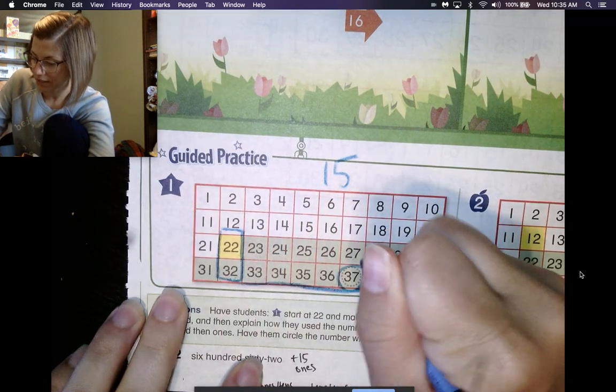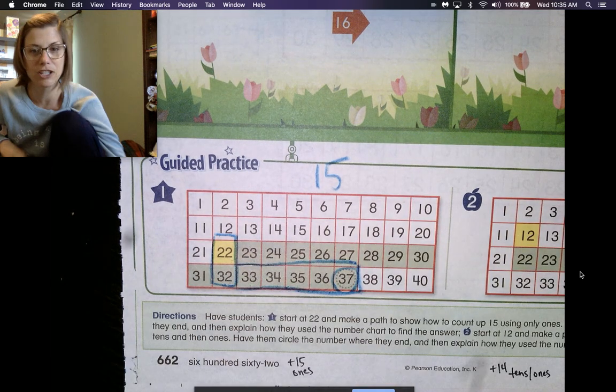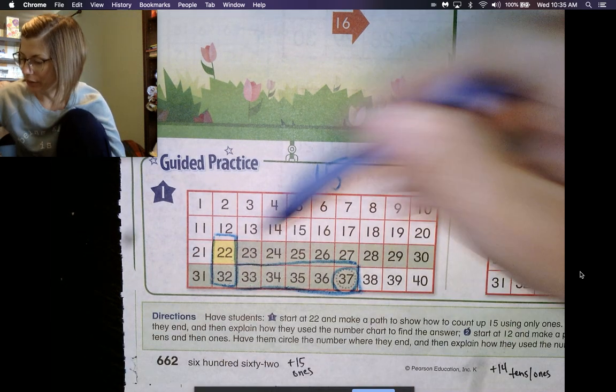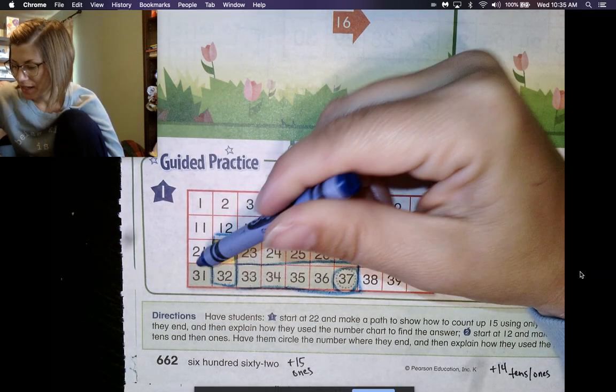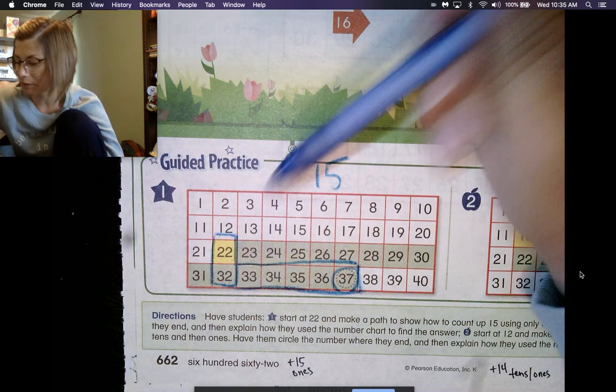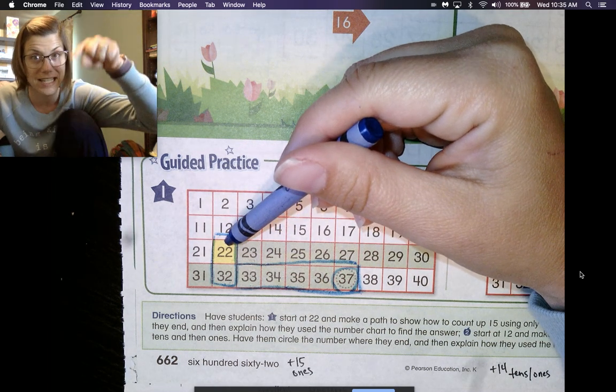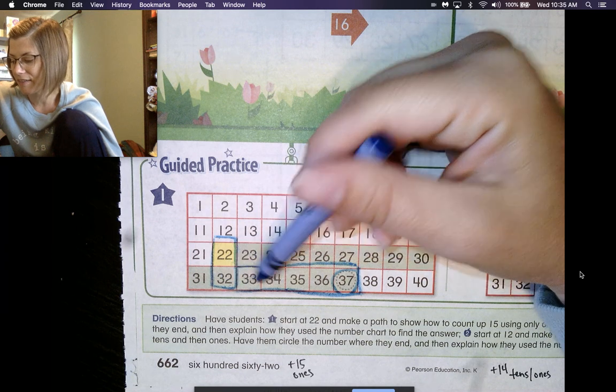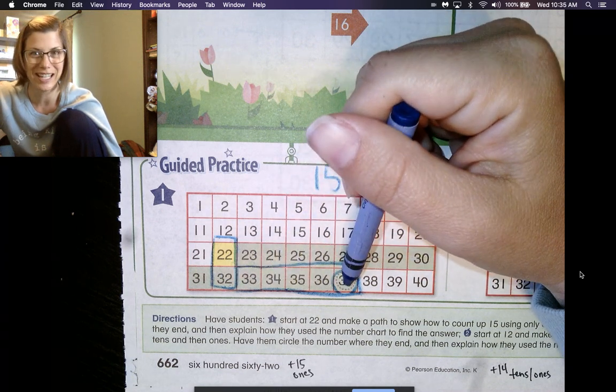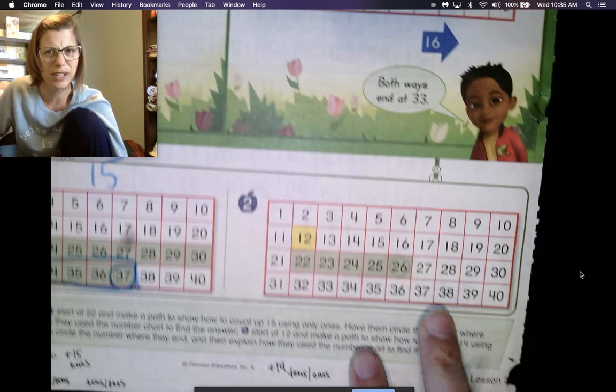And then I just count this much. Look at all these squares that I skipped. I didn't have to count all those squares because all I did was go down and count 10, 11, 12, 13, 14, 15.